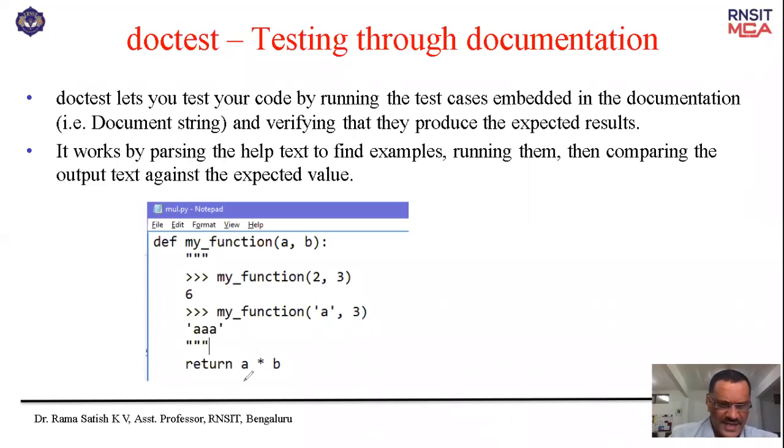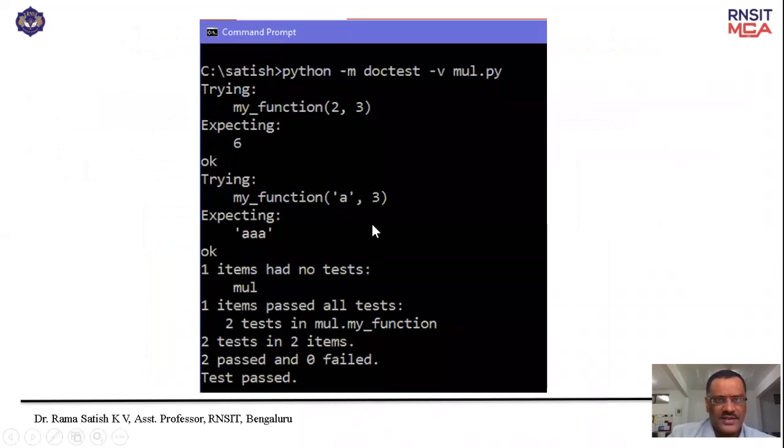Let us see how exactly we have to do this practically. In the next slide, we have the docstring. Look at this. How to do doctesting? Please note it down in your book. I have a file called mul.py. Let me go back to the previous slide.